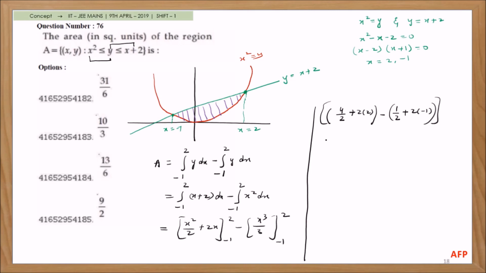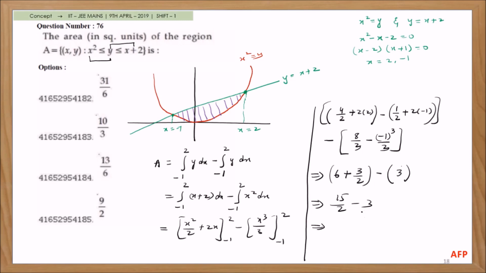The second one, minus 1, 8 divided by 3 minus minus 1 cube divided by 3 you got. Okay, so if you go for simplification, 12 plus 3 is 15 by 2, 3 you got, which is nothing but 9 by 2 you got. Fourth option it follows.